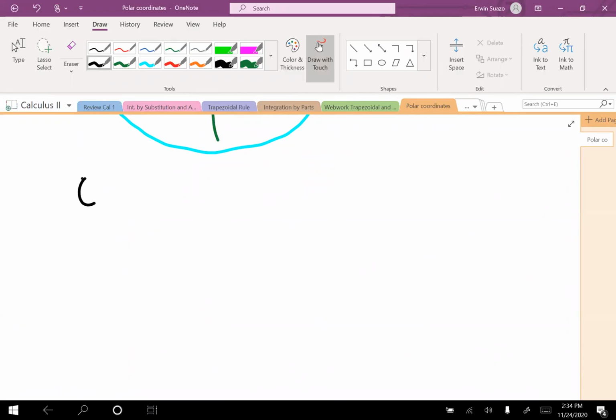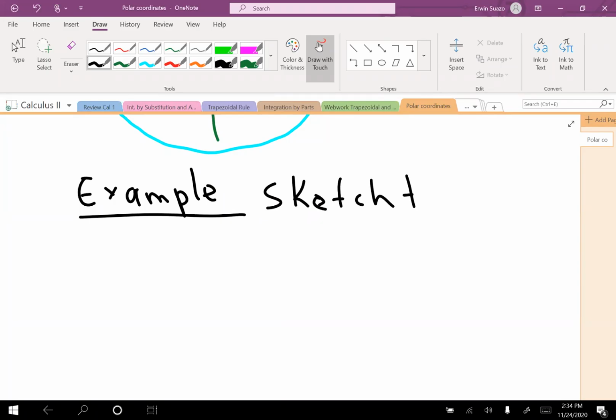Example: graph or sketch the curve r equals cosine of 2 theta. So we're going to graph that.